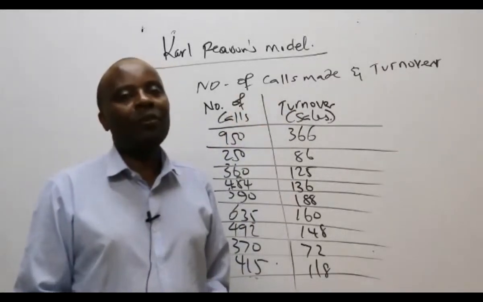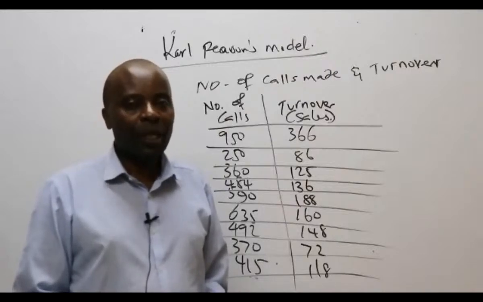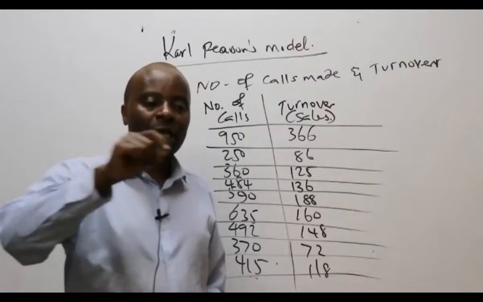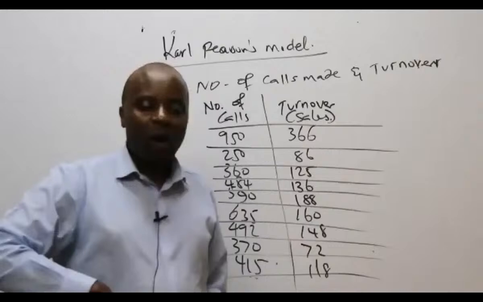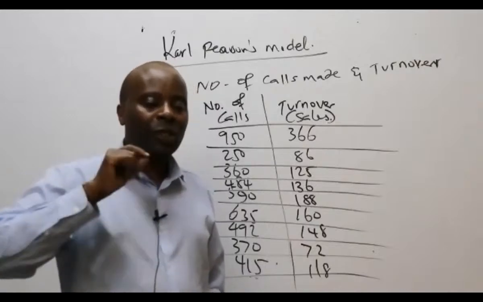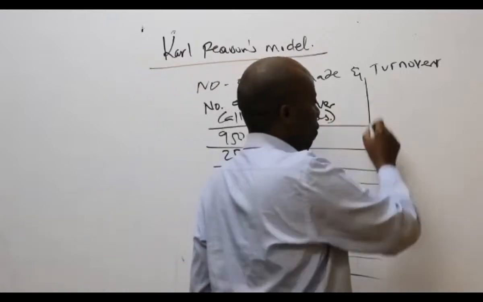There is nothing further from the truth than that. We must establish the dependence relationship. Which one depends on the other? Which variable depends on the other? So you must always establish the dependence relationship.